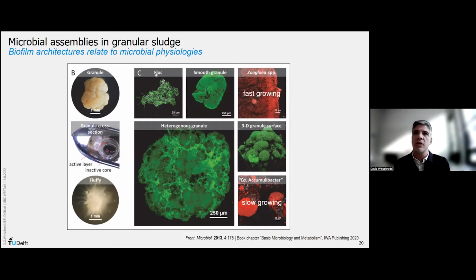Fast-growing organisms tend to form more cells that are suspended in the biofilm, so a very homogeneous biofilm, as we see on this cross-section here. Slow-growing organisms will tend to form much more compact microcolonies, like this organism that removes phosphate from wastewater, called Acinetobacter. So it forms these typical conglomerates. You see a 3D architecture here of these granules.